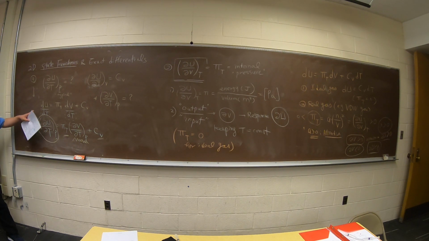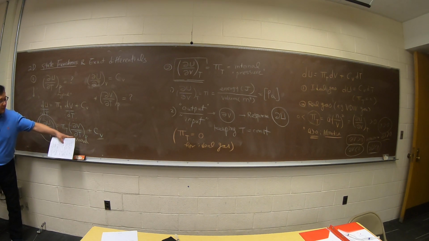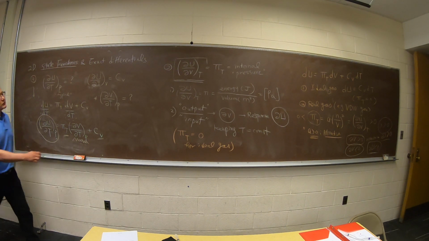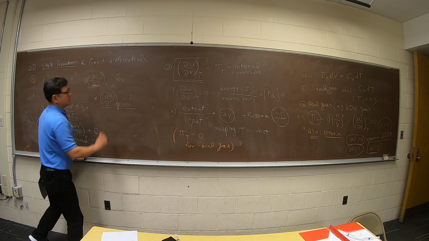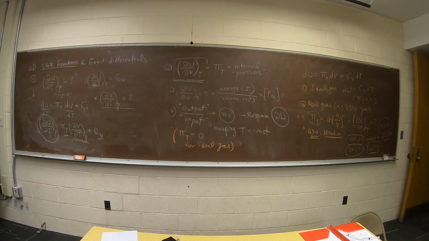Starting from here, I just have to figure out how I'm going to describe it, and this one is coming down to this. Let's take a look at that equation. What do you see on the top? Volume change. Right? What do you see on the bottom? Temperature change. So when you change the temperature, the volume is going to change.